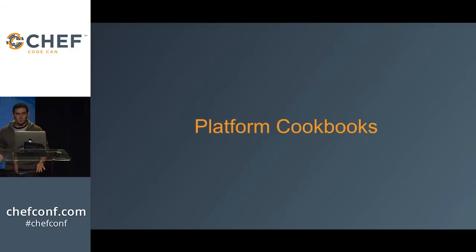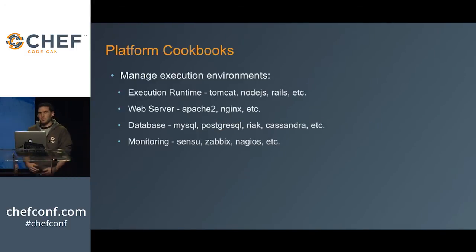Now, platform cookbooks. Platform cookbooks are probably more popular and you use them more frequently because they're the ones that sit right below your application. And these are cookbooks like Tomcat, Node.js, Rails, Apache 2, Nginx, MySQL, all of the things that you set up to make your application your application. And they can include things like Sensu and Zabbix, and they're that middle layer, not the lowest, but the middle layer.